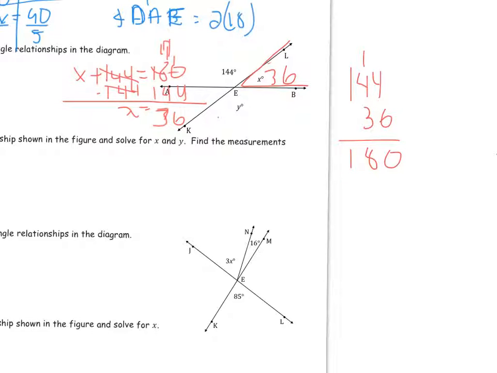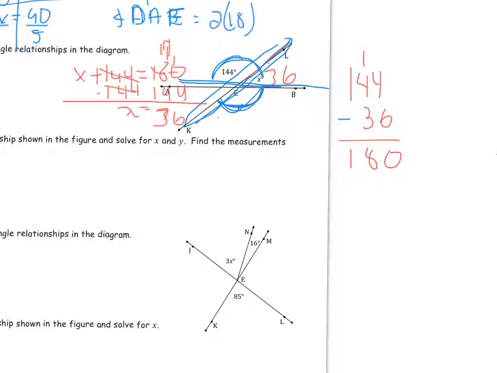But what about my y? So I could do this by noticing that this part right here, these two angles, form a line. So I could subtract 360 by 180. So it's kind of going backwards from here. But mostly I like to use the easy ones without any subtraction. These two angles are vertical angles.